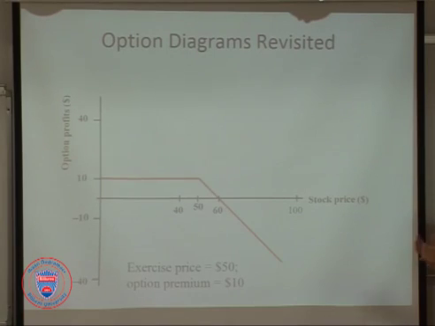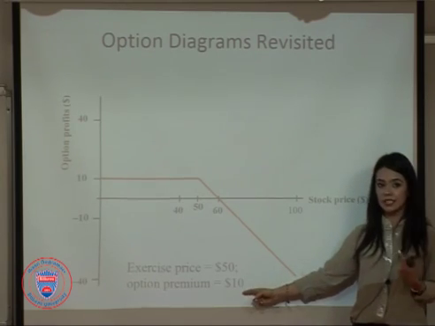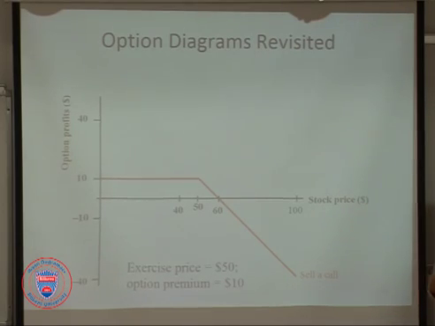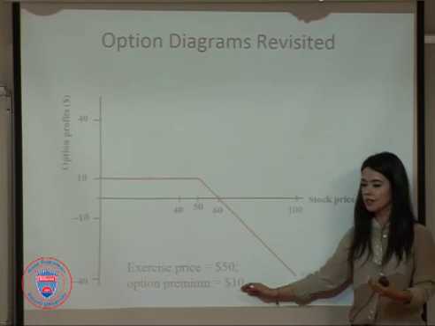Okay, now let's play with options a little bit. But as a summary, this is what I want to show. So these are the profits, okay? You're buying options. Their prices are $10. Stock price is $50. So when you sell a call, what's going to happen? You're selling a call, so you're definitely getting $10 when you sell the option, right?